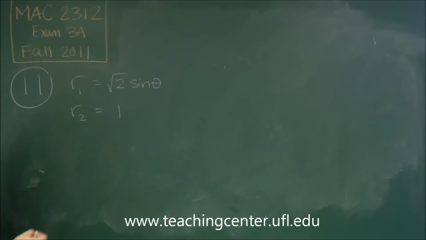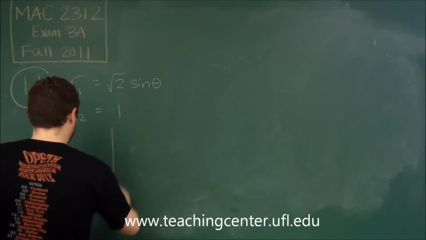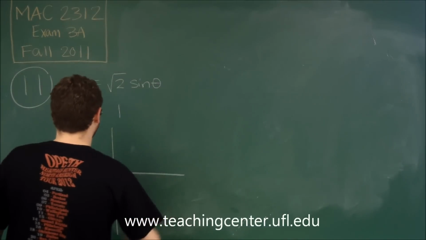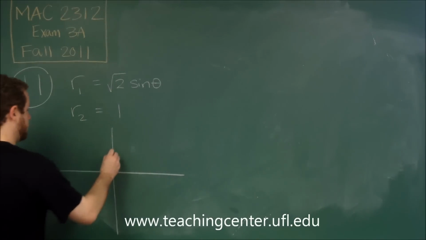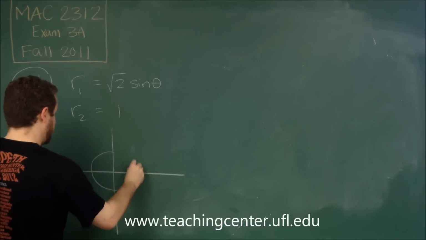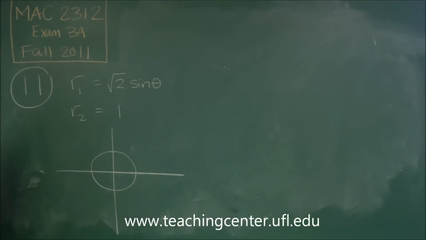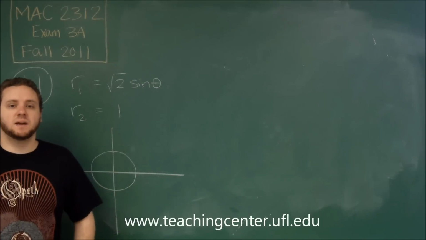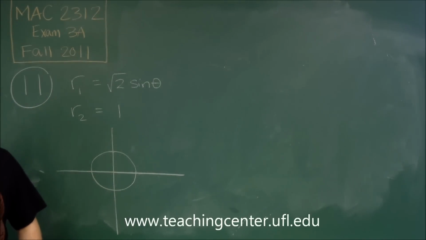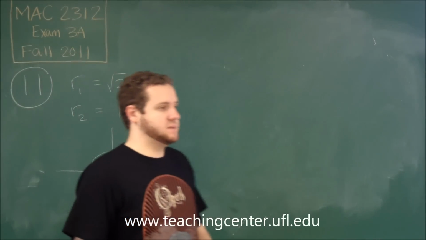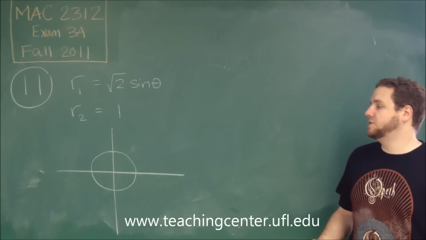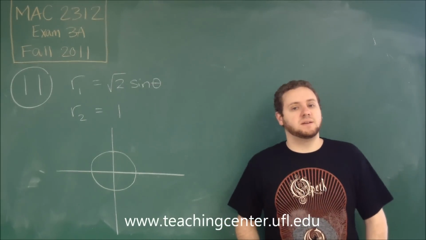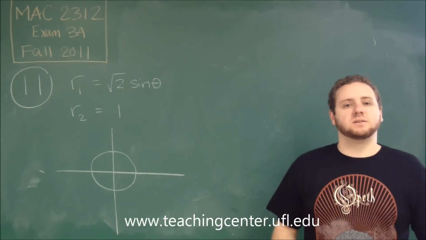So we definitely are going to have to graph this. r2 is a circle with radius 1. That's all it is. And r1 is a constant times sine theta. So remember, if you have r equals some number times sine or cosine theta, you get a circle, but you just get one that does not have the origin as its center.